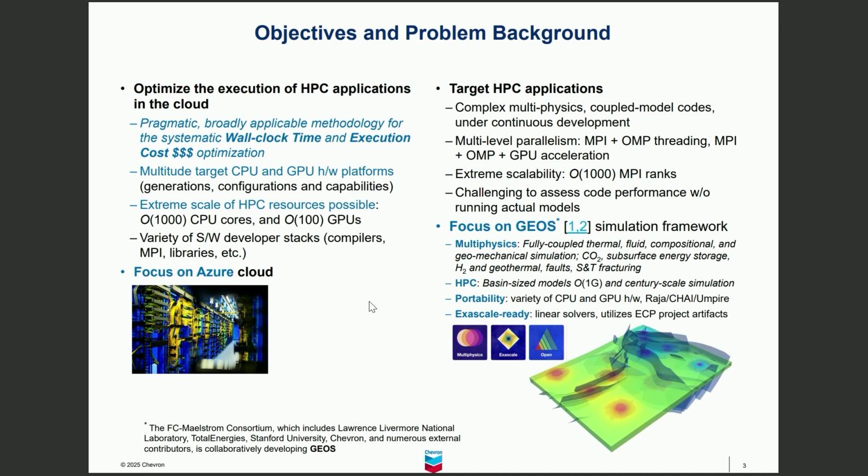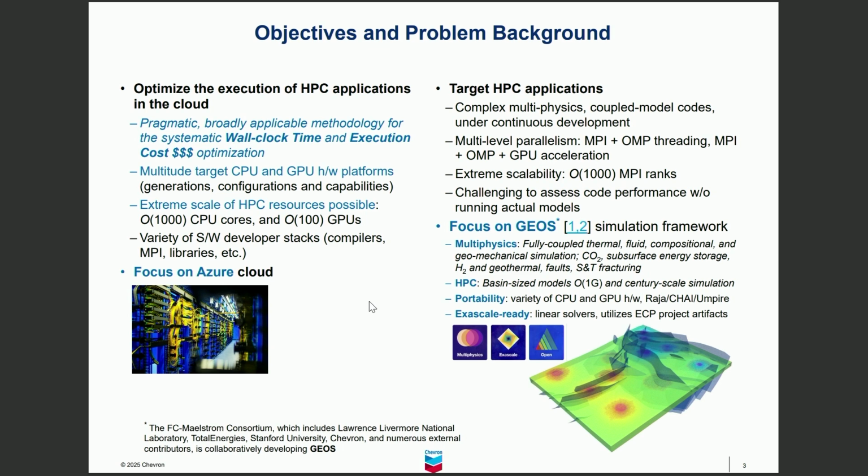So for wall clock time or execution time optimization, we want to have multiple hardware targets, different CPUs, different vendors, AMD, Intel, different generations, different configurations of this environment with different capabilities. Also, we want to be able to run at, or at least evaluate code that runs at, extreme scale: thousands of cores, or hundreds or thousands of GPUs.